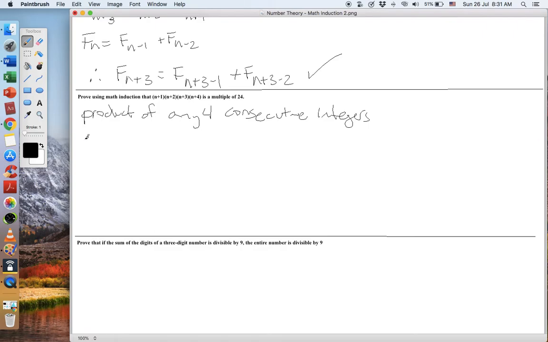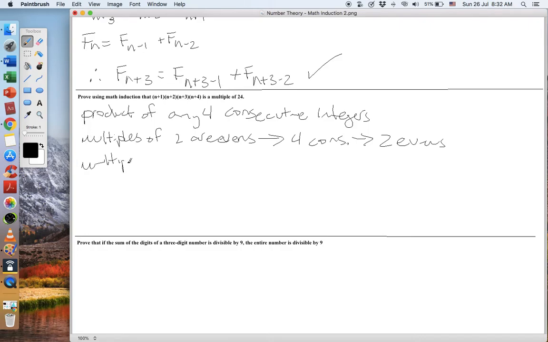Remember that multiples of 1 come every number, multiples of 2 are evens, and if we have 4 consecutive numbers, then we have 2 evens, and so we've got 2 multiples of 2.